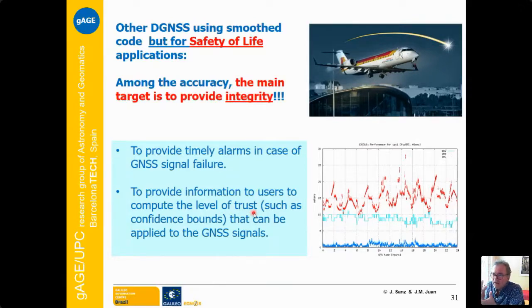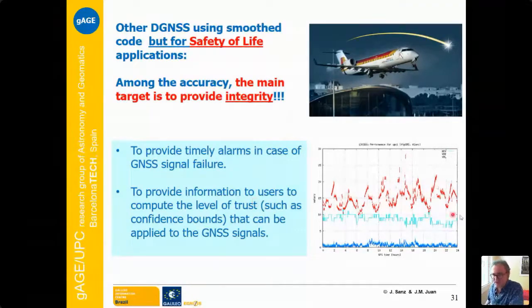In order to compute confidence bounds, in order to say, okay, this is the level of confidence that we can apply to this information.